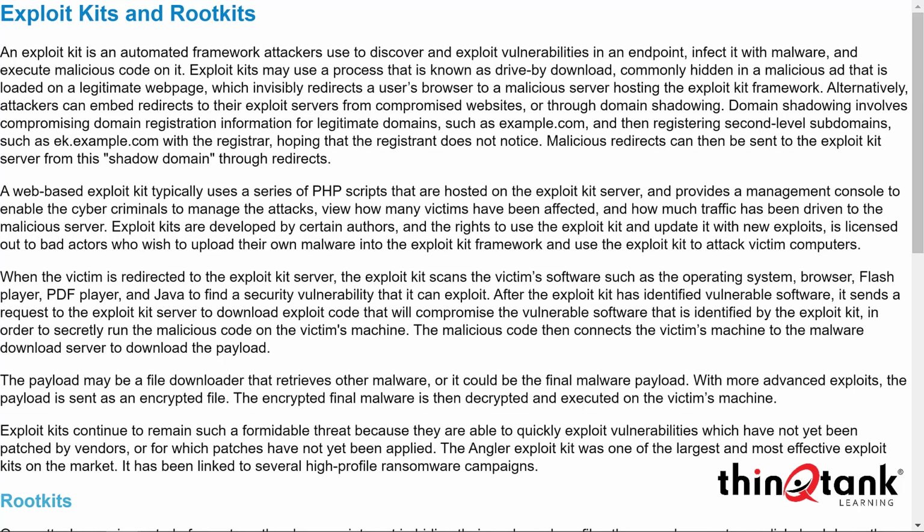But the gist of the entire thing is that the victim visits some sort of compromised website, and if they have certain vulnerabilities within the software on their computer, that particular exploit that takes advantage of those vulnerabilities can be used to carry out those particular exploits. As a result, the malware is going to get downloaded and executed on the victim's device.